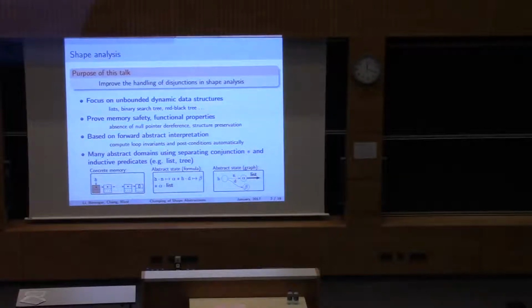And in this talk, we always present these separating conjunction formulas as a graph to make the talk more intuitive and graphical. So in this abstract state, the two red edges starting from the node h abstract the first list element, respectively, for the next field and the data field. And the black edge labeled with list predicates abstracts the list tail.